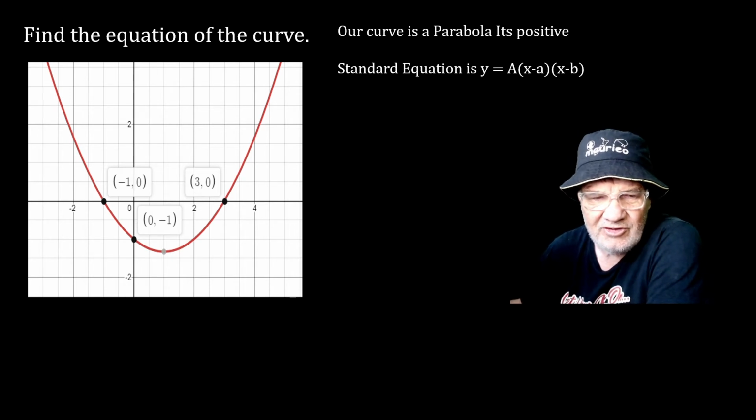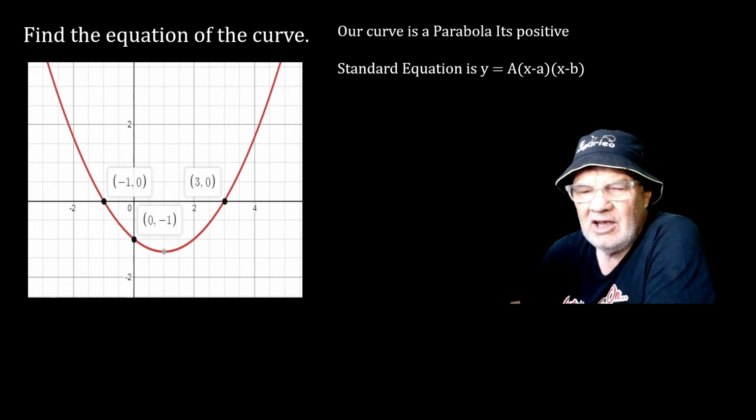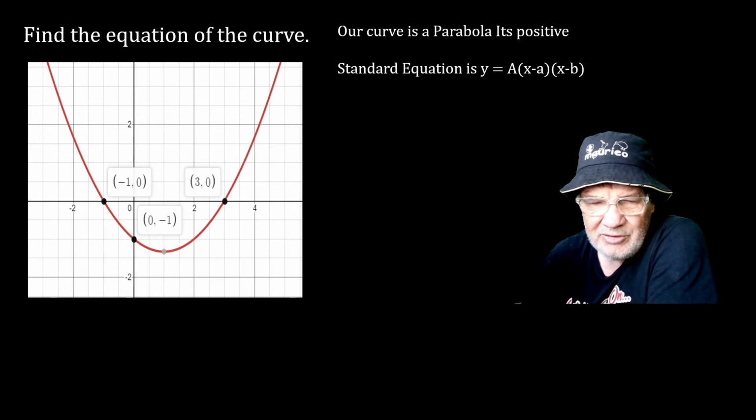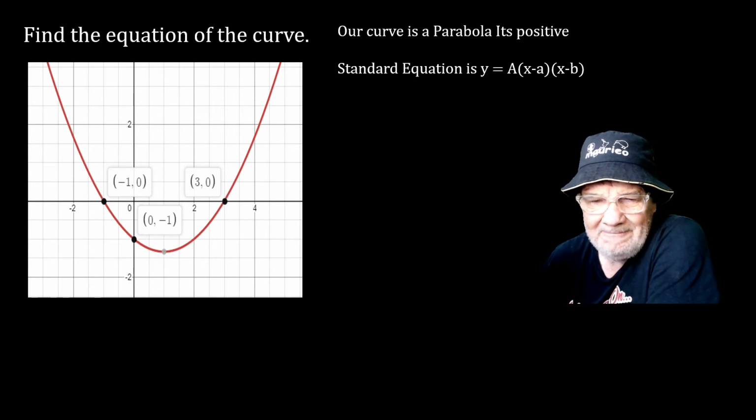Now you can see in this case, the parabola intersects the x-axis, which has the equation y equals 0, and the intersections are at the 2 points shown there, (-1, 0) and (3, 0). So you can see that in both instances y is 0. So it intersects the x-axis at -1 and 3, and they are typically the roots of the equation.